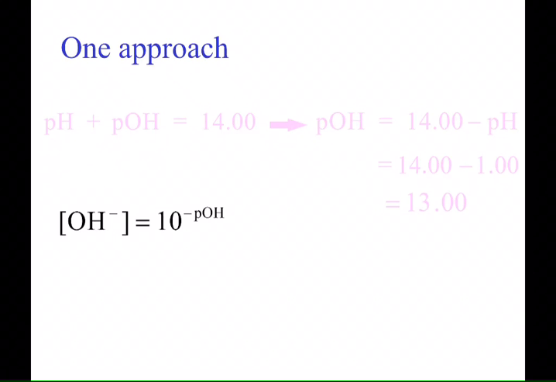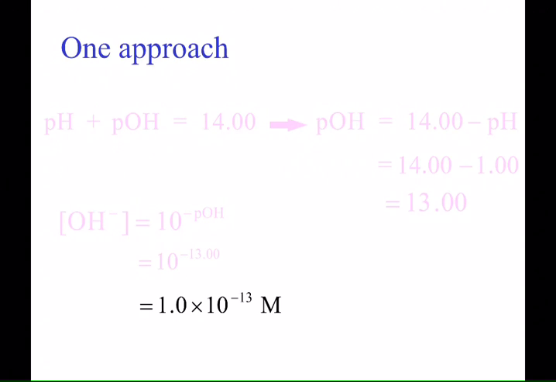And what'd you get? 1 times 10 to the negative 13. Very good. Now we backtrack and pick up our 2 significant figures, so it's 1.0 times 10 to the minus 13th molar. So that's the hydroxide ion, and that's all 4 quantities.